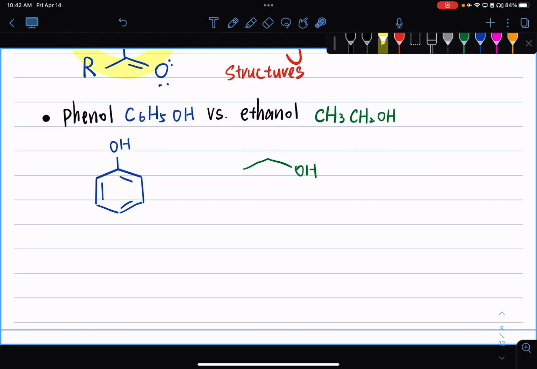So likewise, let's draw their conjugate base. Lose a proton, and your ethanol ends up with a negative charge, and we do not have any resonance structure to stabilize it.